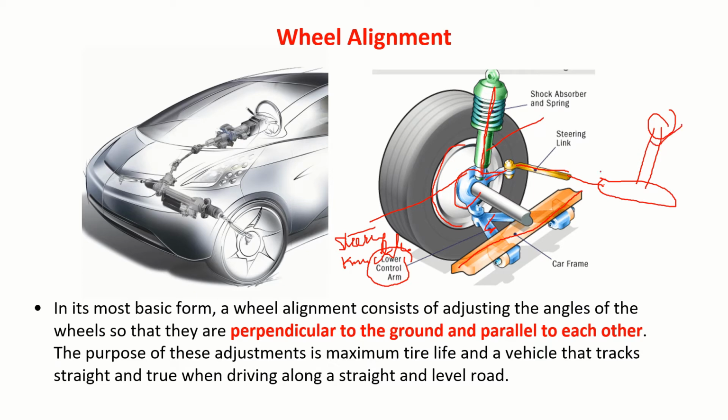So when I steer like this, the wheel may turn this way. When I steer like this, the wheel may turn this way. Now here we have a joint here, joints here, joints here, and so on.